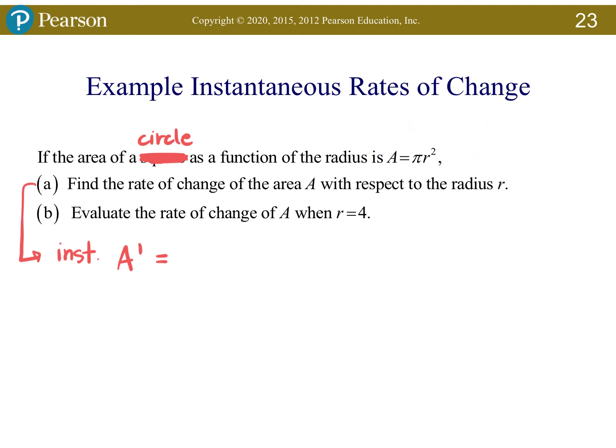So we can just treat this as pi out in front, and then use the power rule for the derivative. That's going to be 2r, in other words, 2 pi r. What do you know about that from geometry? Circumference. So the derivative of the area of a circle is its circumference.